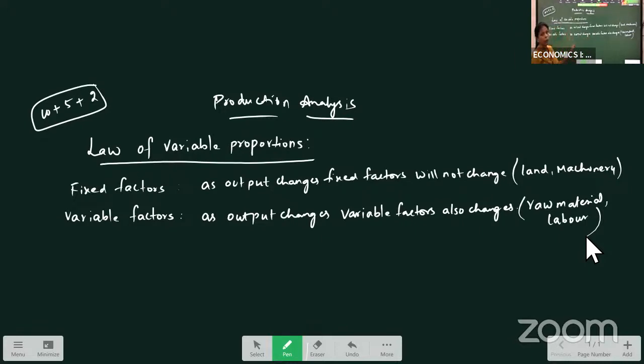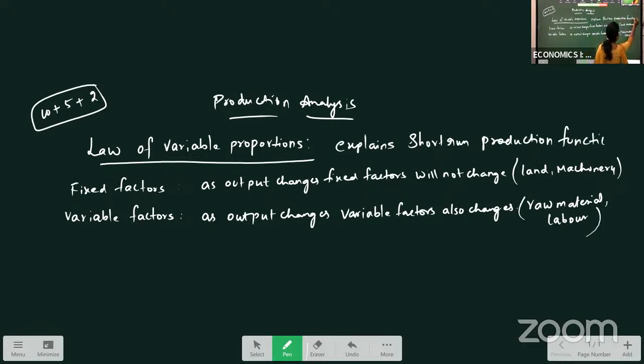And one more point you observe here: the law of variable proportions explains the short run production function. Remember that point.